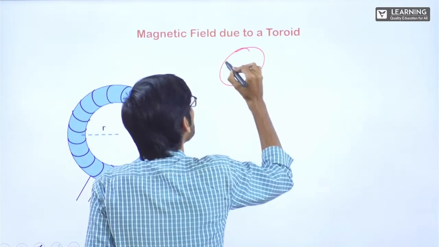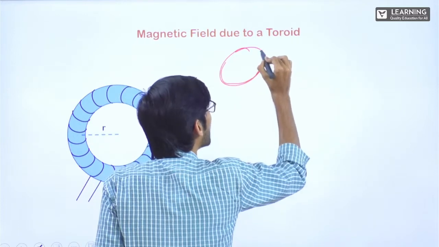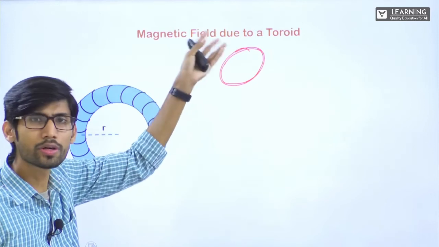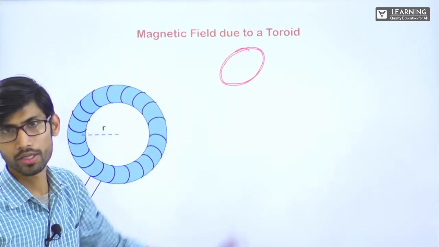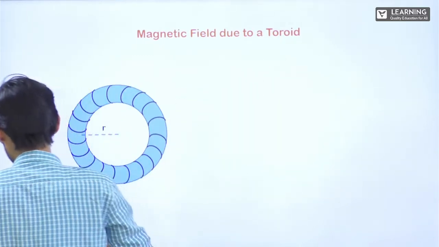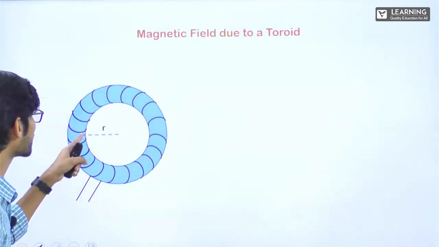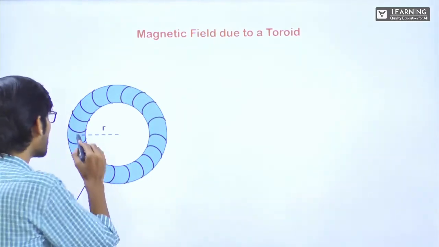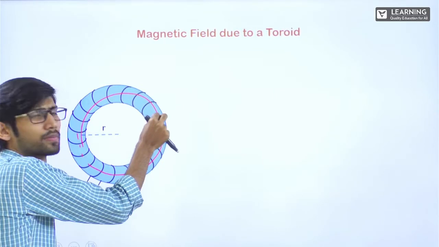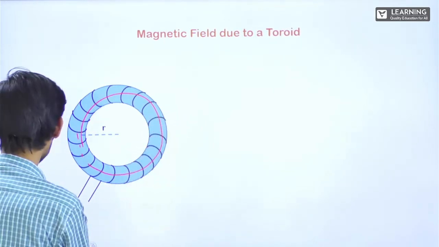Ideal toroid, very thin. So whatever you take R, it is going to be similar, same. Clear? So don't worry about R. In general, if you take till here or here, it will be R. Or let's say till the middle, it is R. It is very thin basically. I have shown you a bit broad.